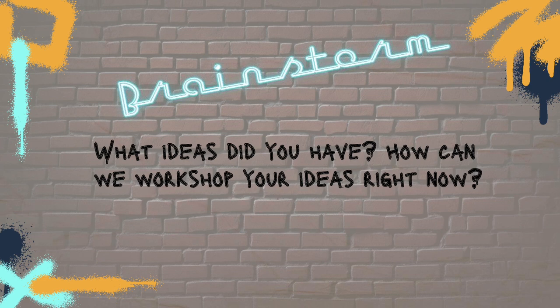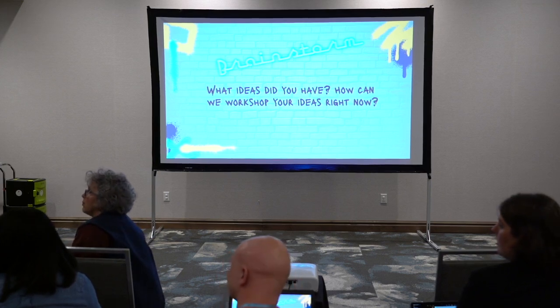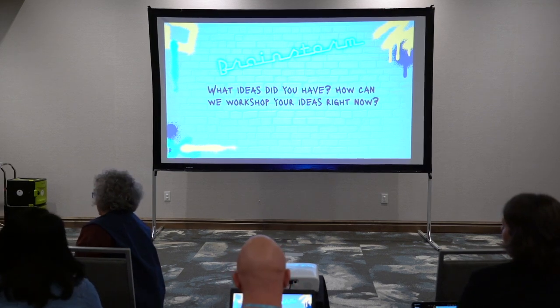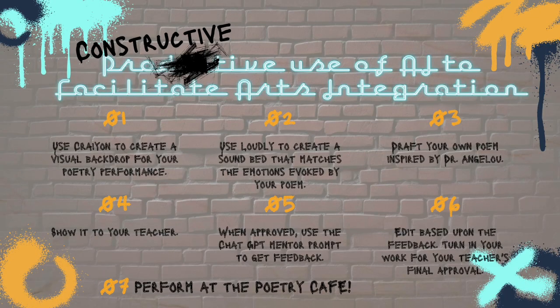I had ChatGPT write me a poem in the style of this poem. How do you guard against that? So back to, can you go back to our steps that start with 1, 2, 3, 4, 5, 6, 7? So for me, before I'm going to set you loose as your teacher, before I'm going to let you use ChatGPT, you have to show me your poem that you drafted.